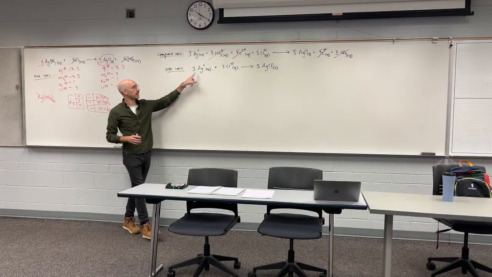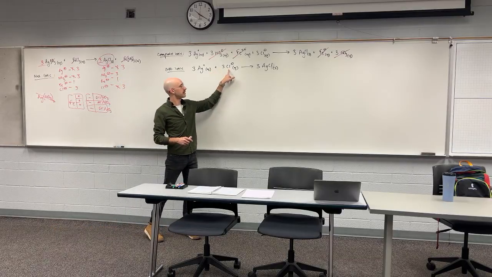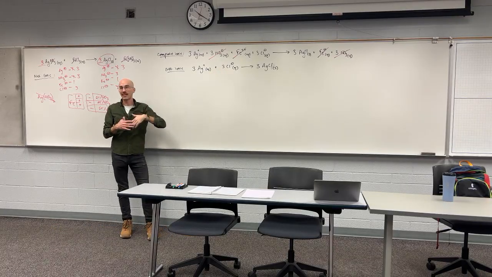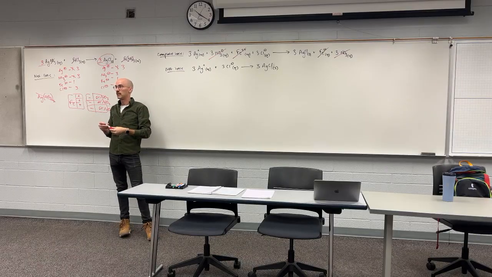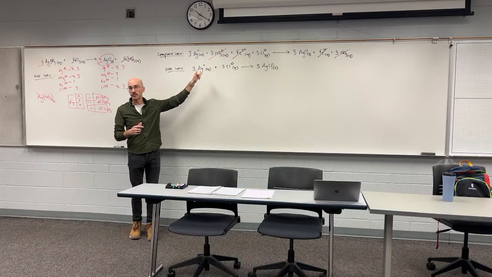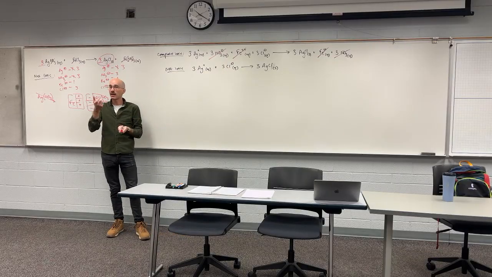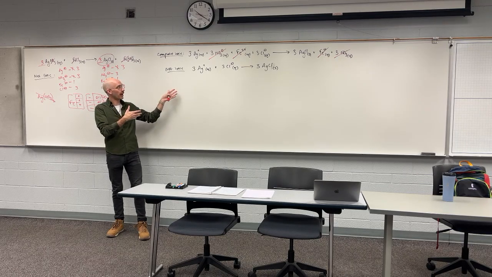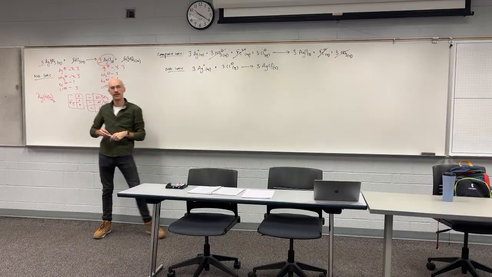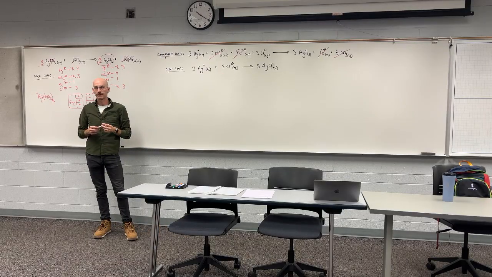If you put 3Ag plus 3Cl, that's not correct. 3Ag plus, 3Cl minus. Those ions have to be present. Otherwise, you're telling me that they are elemental, that it's silver element and it's chlorine atoms, not ions.